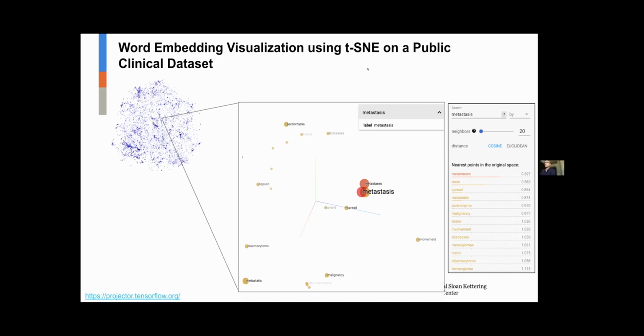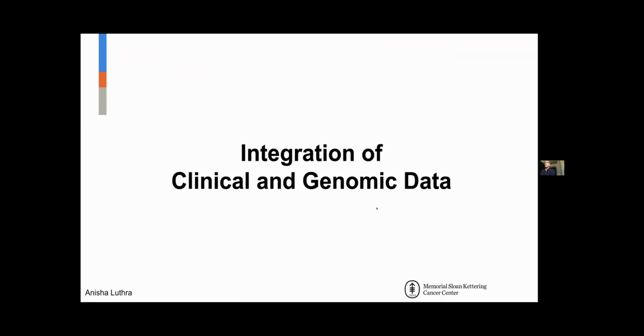This is from a public data set that's available. If you look at what words are closely related to metastasis, this is what comes up. You can go one step further and look at what sentences are more closely related. There are a lot of sophisticated methods that I won't go into. But that's essentially NLP in a nutshell.